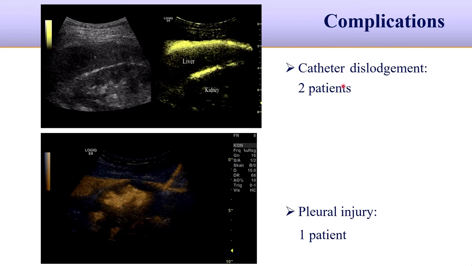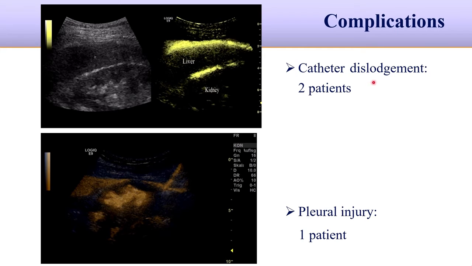On the next day, we checked the complications, and we found catheter dislodgement in 2 patients and pleural injury in 1 patient. For example, in this patient, after we injected the contrast agents in the catheter, we didn't see the enhancement of the abscess, but we saw the enhancement of the surrounding space of the liver.